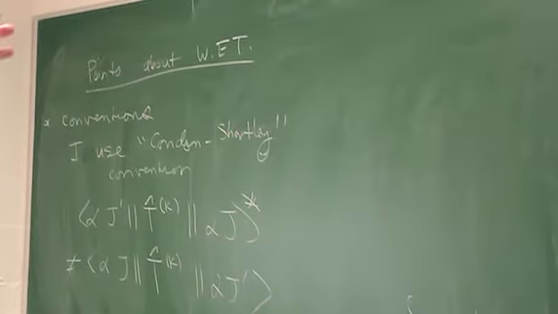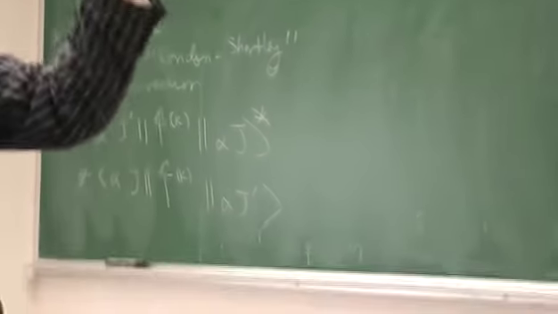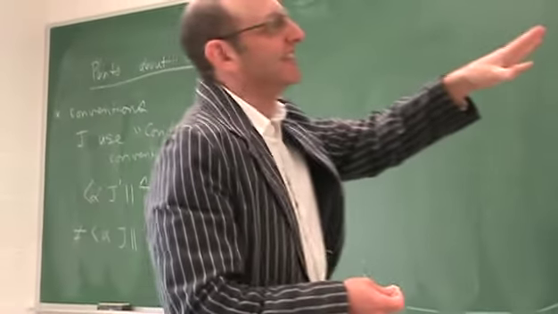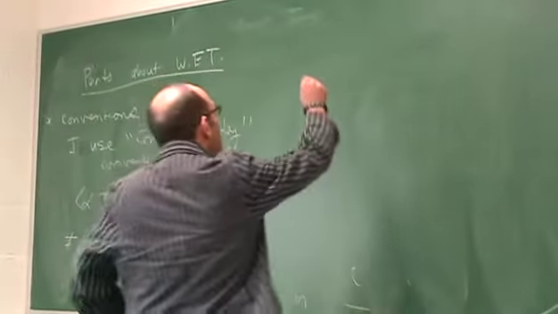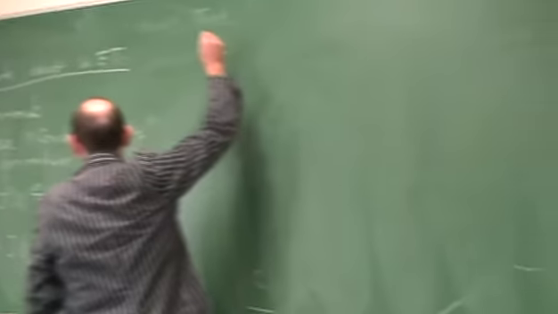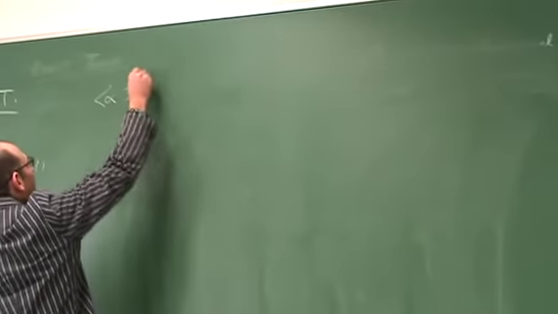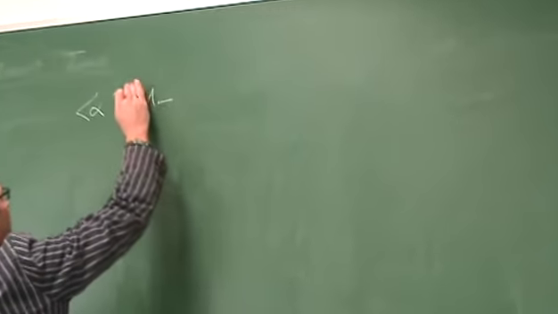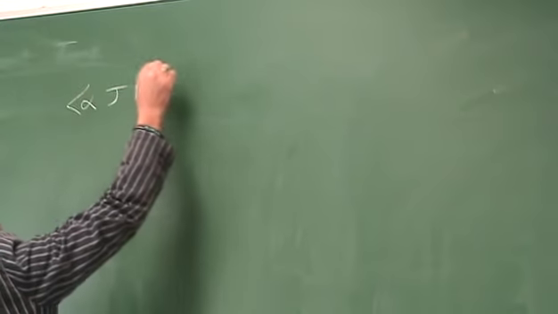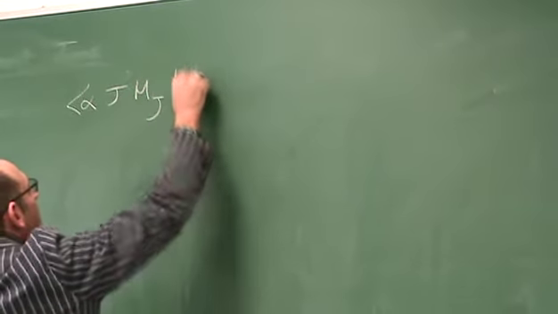How can we see that in this convention this is not true? Let's look at the other way around. Let's say I looked at this matrix element.